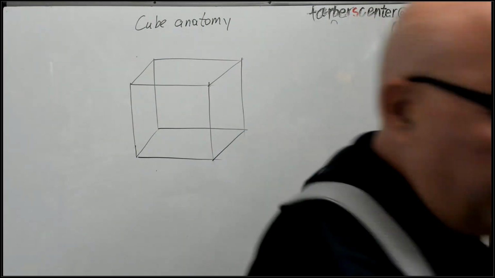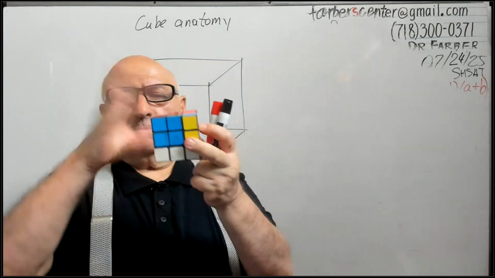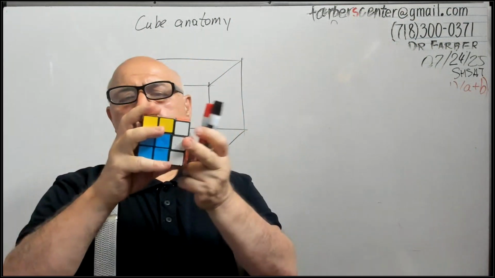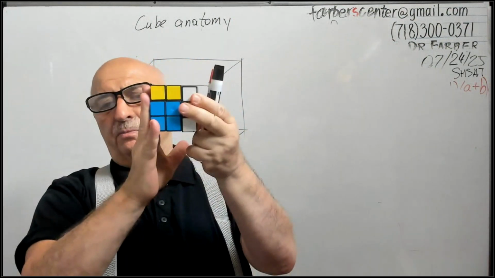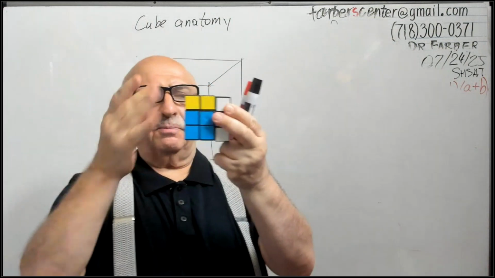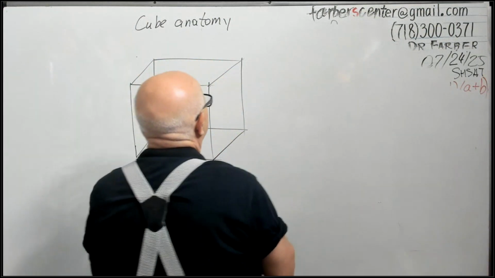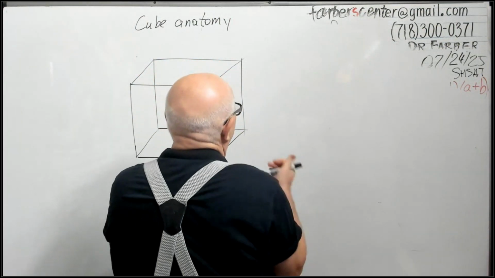Any cube has 6 faces, right? So the number of faces is 6, everybody knows: right, left, top, bottom, front, back. This is important.